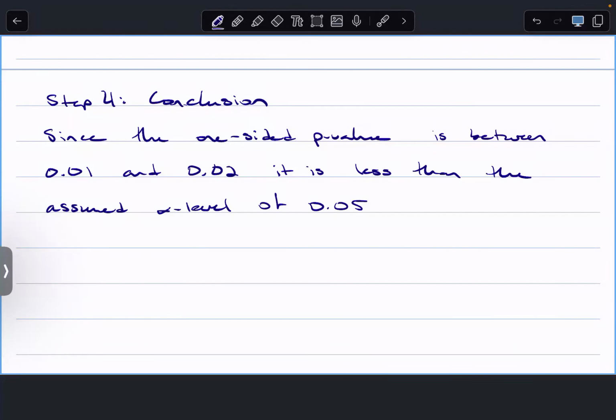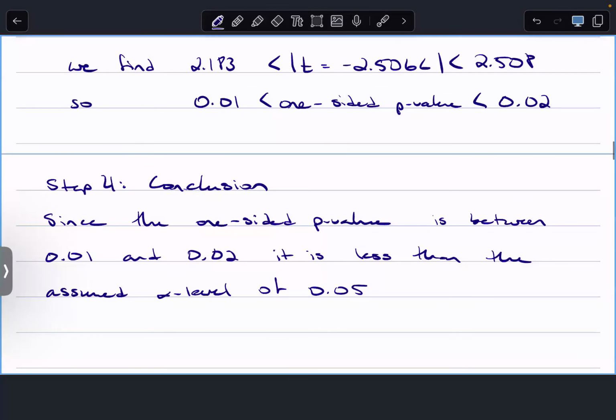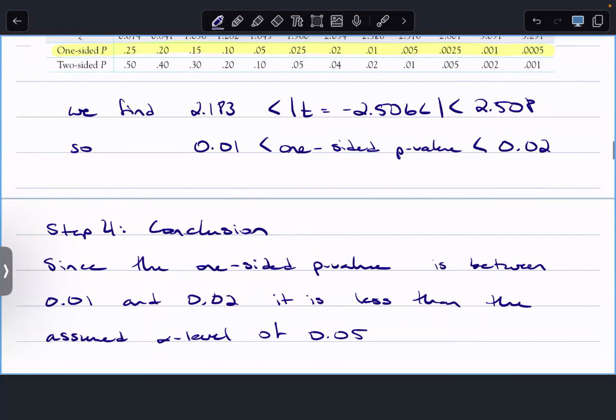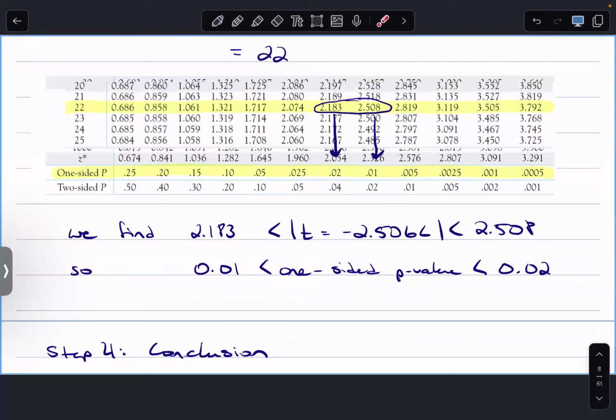What's another way that you could do it? If you wanted to, you don't have to, obviously, because I use the p-value approach always. The other way you could look at it is say, okay, as I move further out, the areas in the tail get smaller and smaller and smaller. What if I force the area in the tail to be 0.05, right? Well, my p-values were somewhere down here, right?